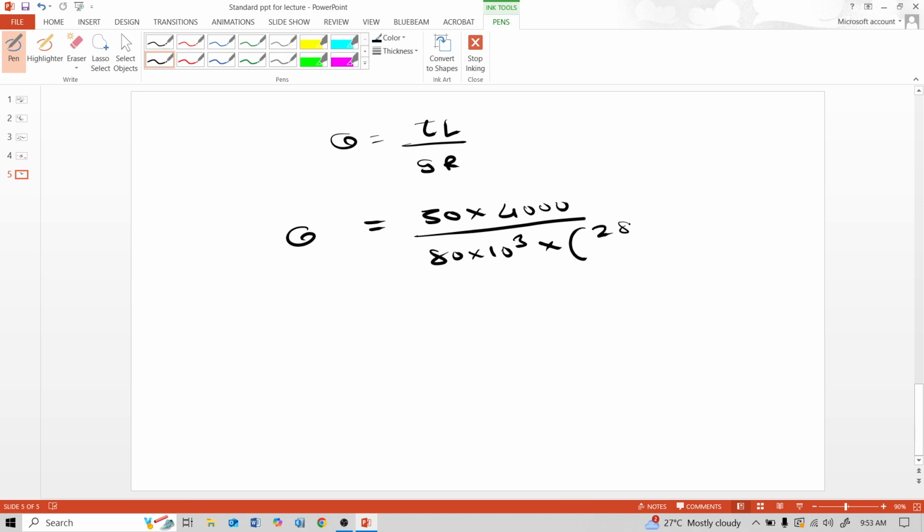Radius is diameter divided by 2, that means 282 divided by 2, and this theta is 50 multiplied by 4000 divided by 80 into 10 raised to 3 into 282.